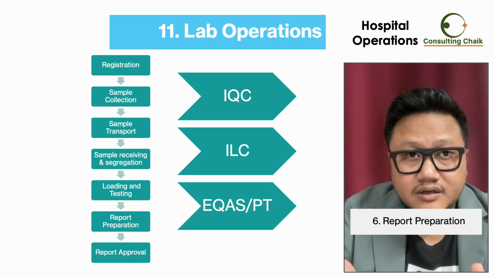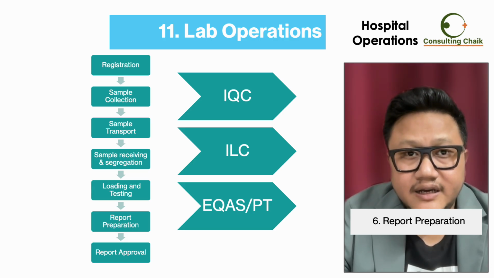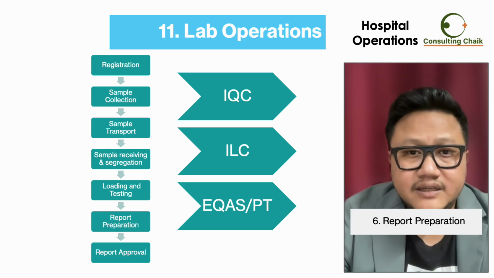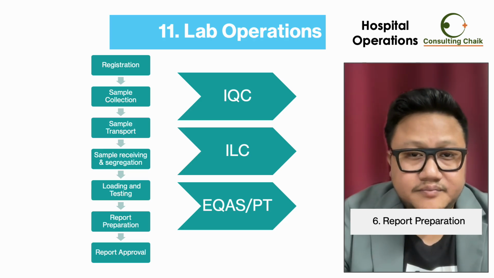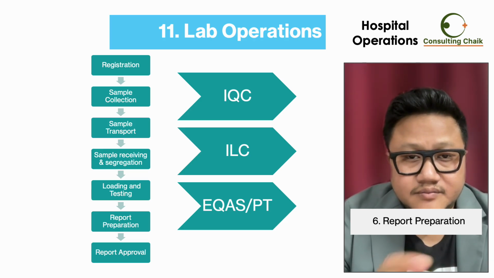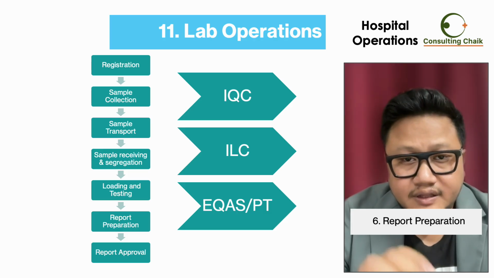So from the technician level as well, they analyze and see if there are any parameters which are showing critical values. Then they generally rerun the sample, and after verifying it, they mark that it is critical and it is verified.